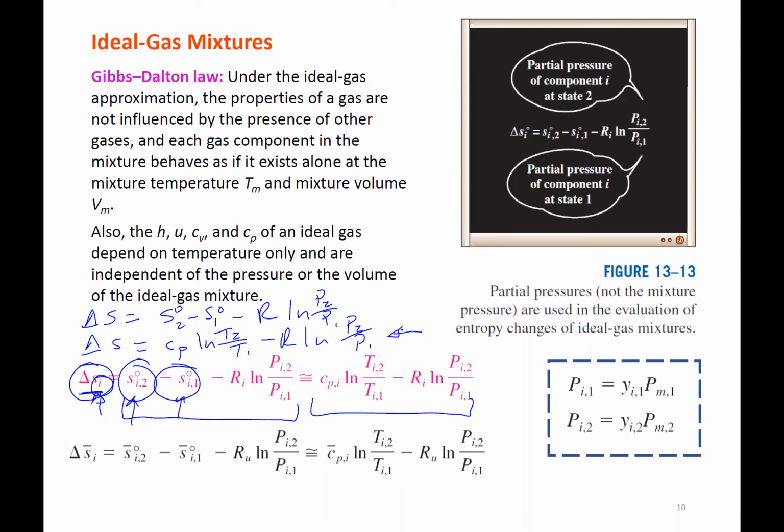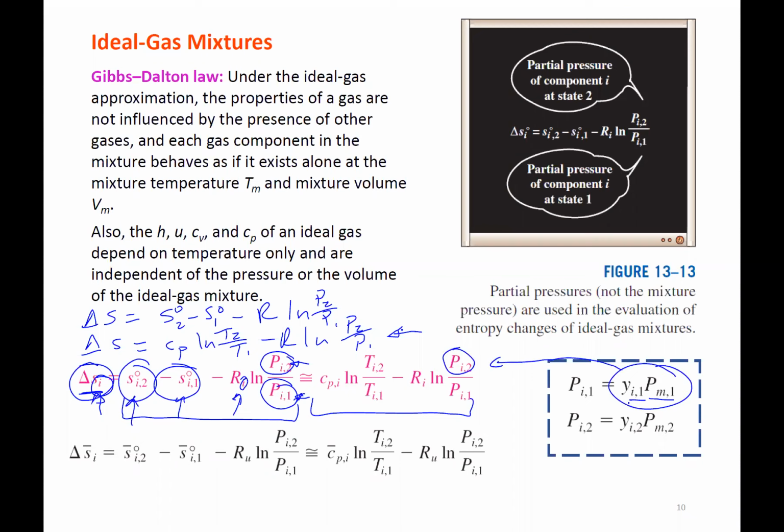The biggest thing is you still have the gas constant of that component, not of the mixture. But the pressure is the partial pressure of that component in the mixture, not the mixture's pressure. You would get that by taking the mixture's pressure times the mole fraction of that component in the mixture.